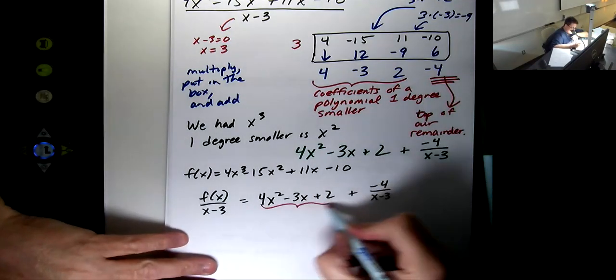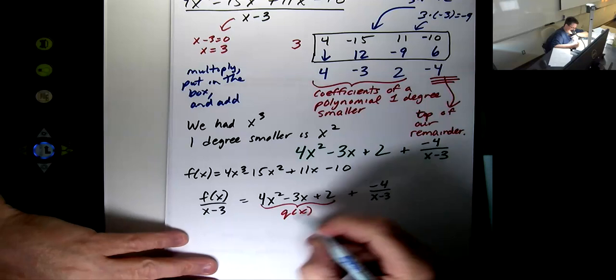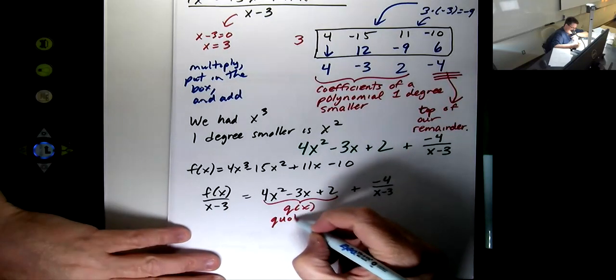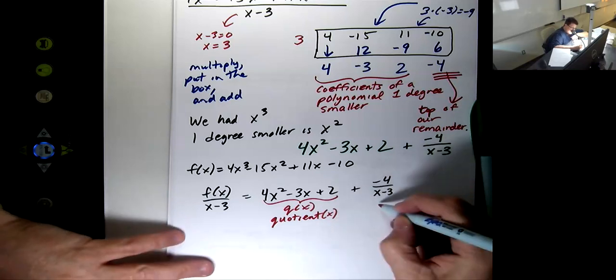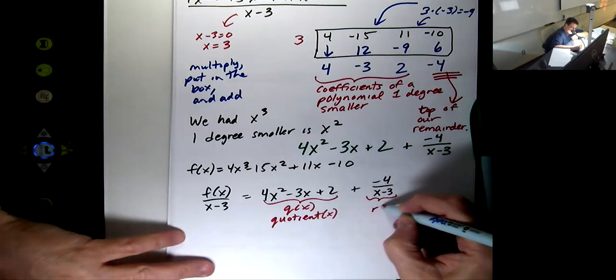This bit right here is called q of x, in reference to quotient. And this one is called r of x.